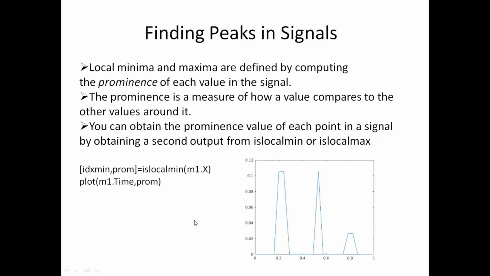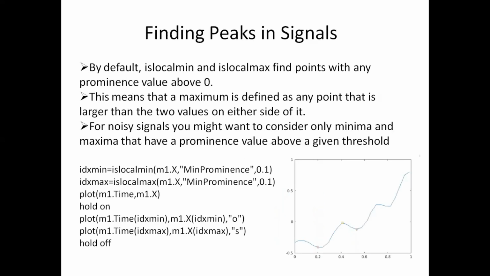Next we will see how to use only those prominence values which have a higher value and how to ignore those which have lower values. By default, islocalmin and islocalmax give you the prominence values of all points wherever the prominence value is greater than 0.